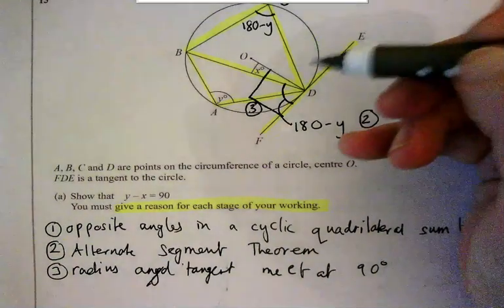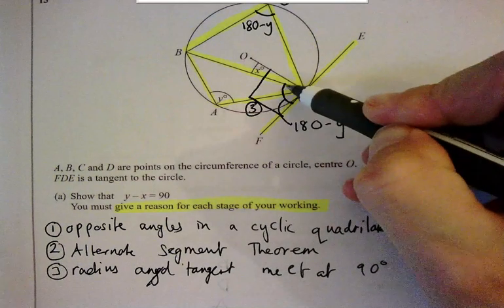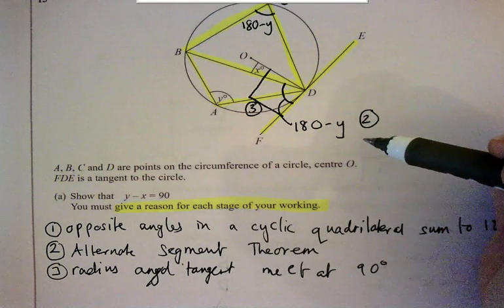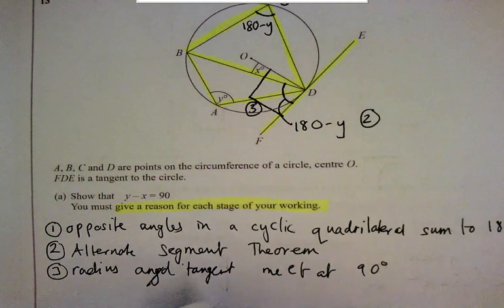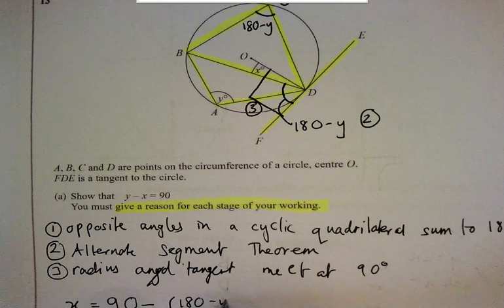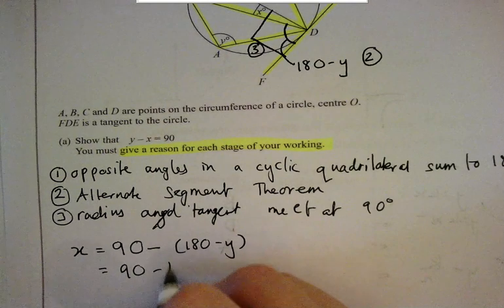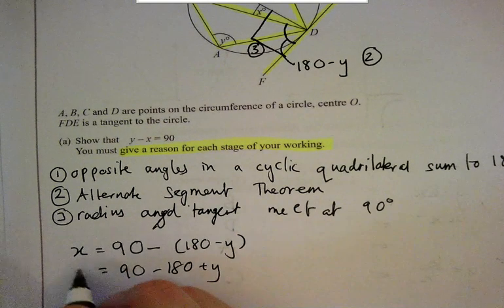And then finally I could work out the size of x. If this whole angle is 90 and this bit of the angle is 180 minus y, then x must equal 90 subtract 180 minus y, which is 90 minus 180 plus y.